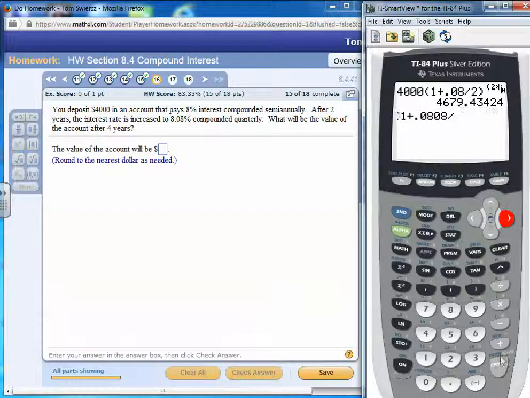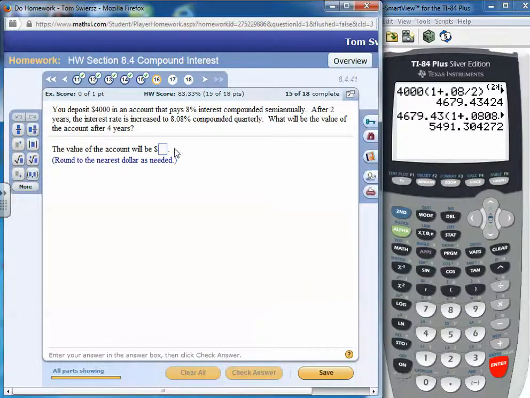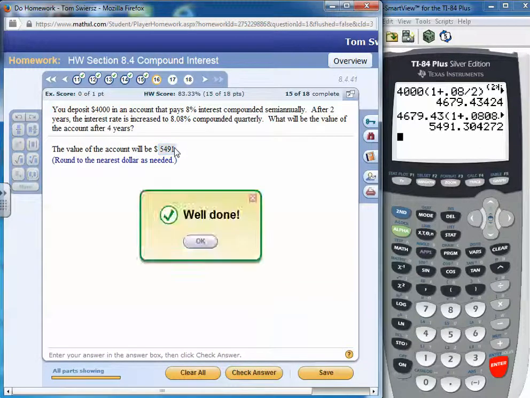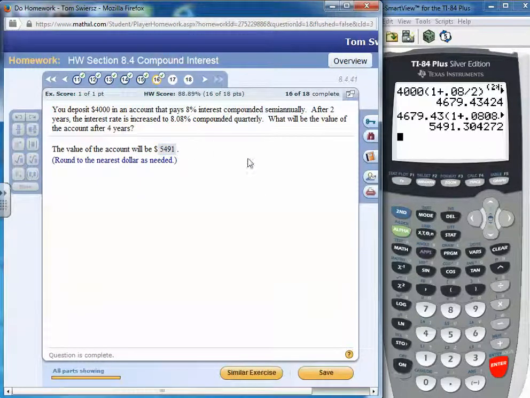So there's our formula. The future amount after 4 years is $5,491.30, and to the nearest dollar we would keep it at $5,491. And that is indeed our correct answer.